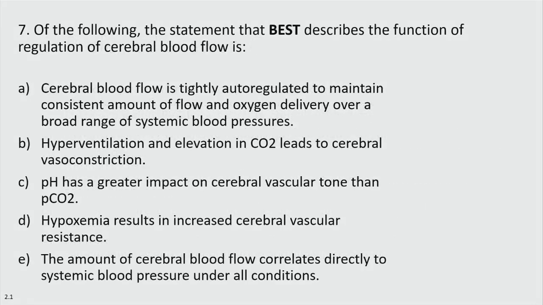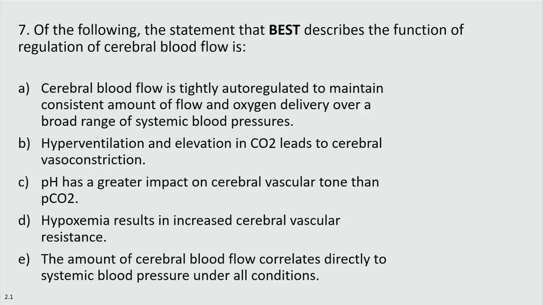Of the following, the statement that best describes the function of regulation of cerebral blood flow is: A, cerebral blood flow is tightly autoregulated to maintain consistent flow and oxygen delivery over a broad range of systemic blood pressures. B, hyperventilation and elevation in CO2 leads to cerebral vasoconstriction.